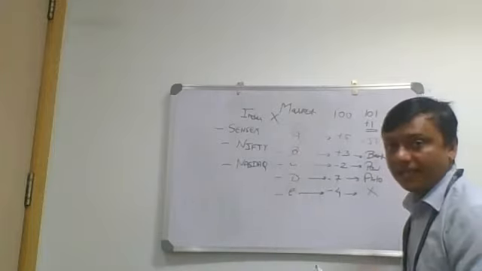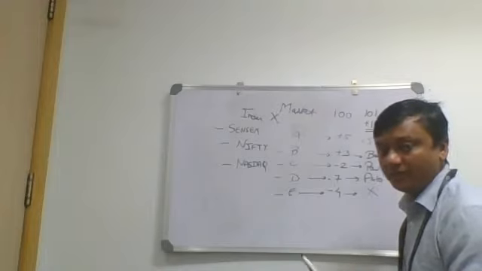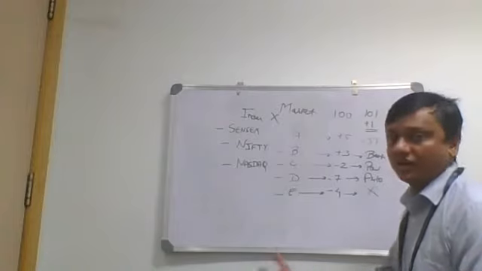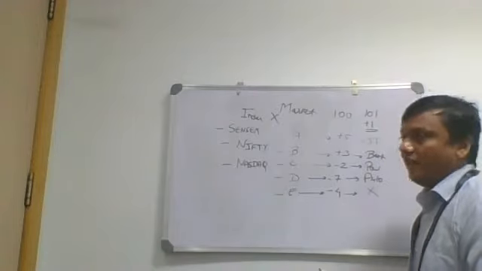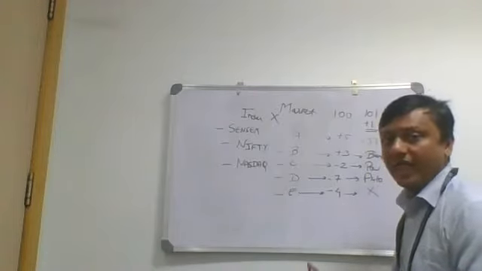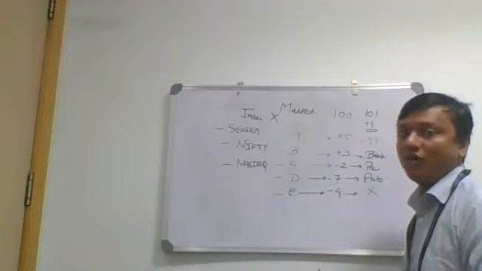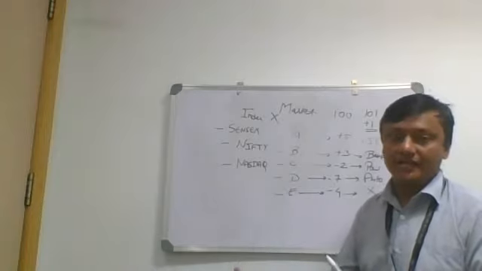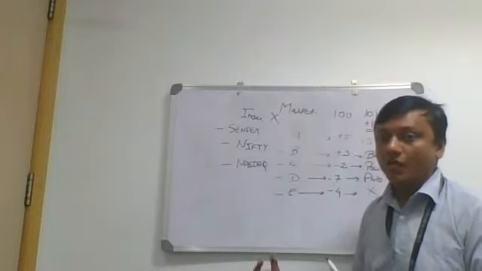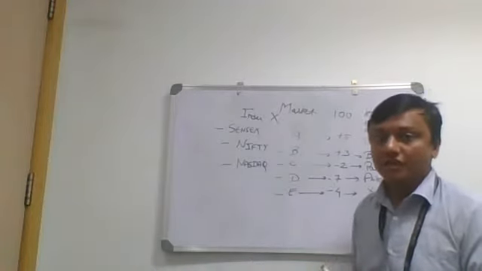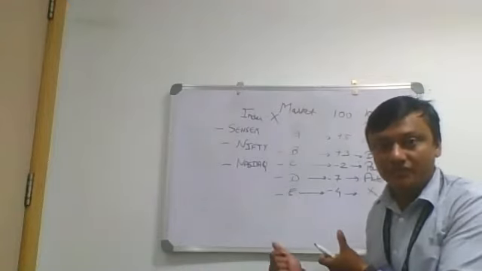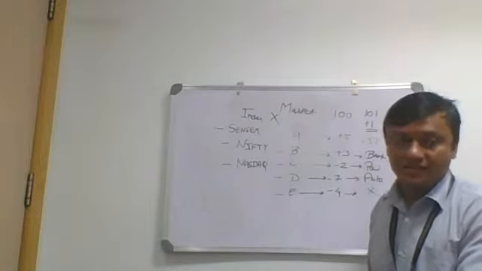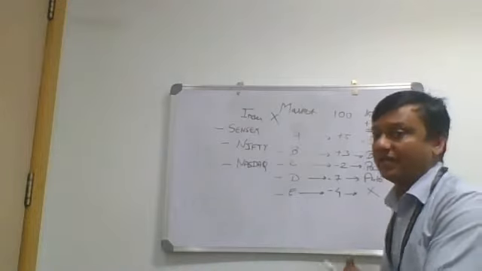Market cap is nothing but your number of shares multiplied by your current price. For example, for the market capitalization of stock A, if the current price is 100 and it has issued 1 million shares, what is the worth of this company? 1 million multiplied by 100, so 100 million is the market cap.